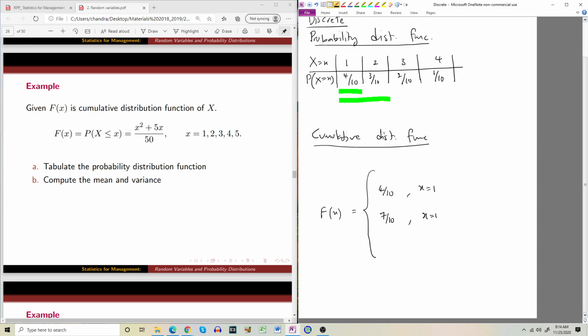This one would be x equal to 2, and then you add again.